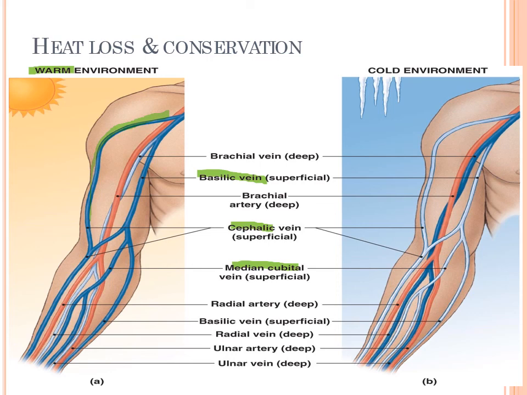And then in a cold environment, you can see that the blood gets shunted out of those superficial veins and now flows in the radial artery and the ulnar, the radial vein and the ulnar vein, and then up into the deep brachial vein. So that's up here. So when it's warm out, your blood is superficial. When it's cold out, your blood is mainly shunted toward those deeper veins.